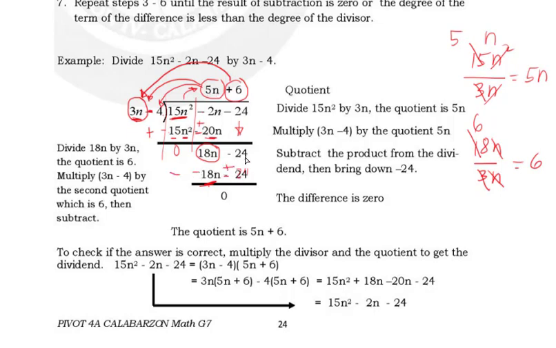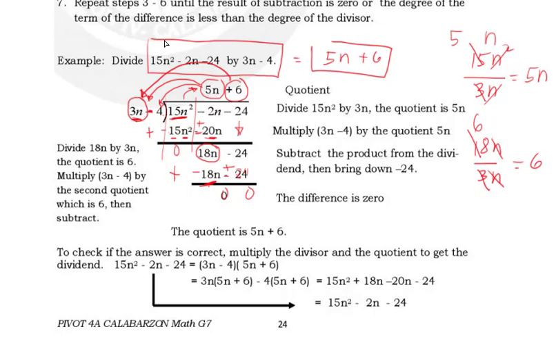The plus becomes minus. 24 plus negative 24 is 0, and 18 plus negative 18 is 0. So, the final answer is 5n plus 6. This is our answer to this division.